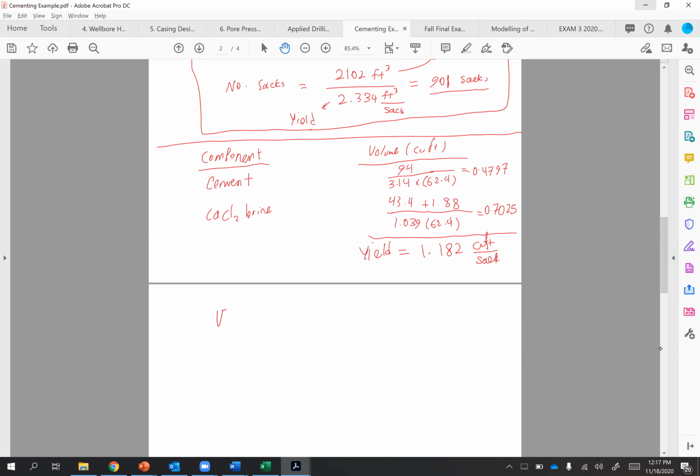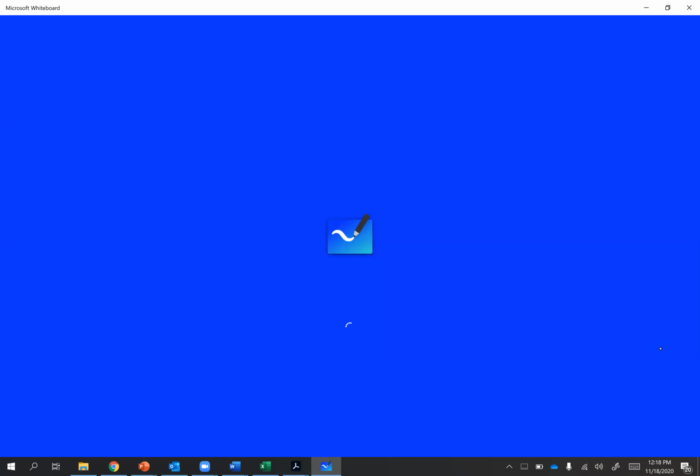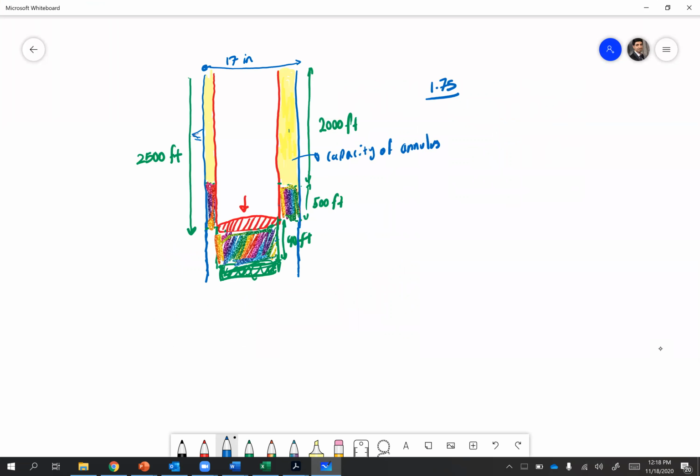So V slurry is equal to, now again, you need to look at the structure of the system to make sure you do it correctly, right? So you have an annulus here, 500 feet, with the same capacity as the previous part.